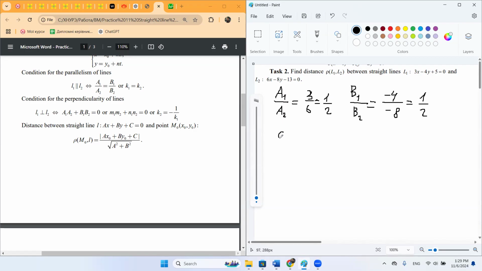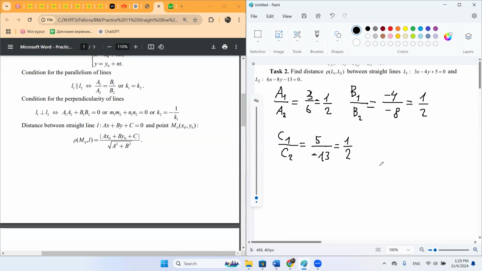And also let's check C1 and C2. If it equals one second as well, it means that these lines are the same. We see that they are not the same, so it doesn't equal one second. So these lines are not matching, so we can find the distance between them.